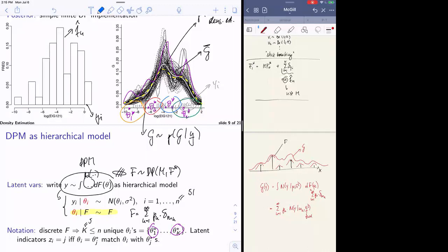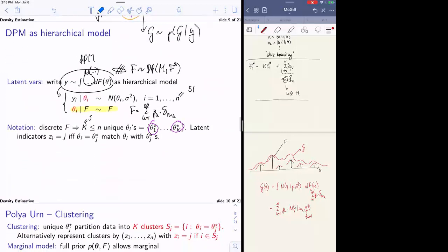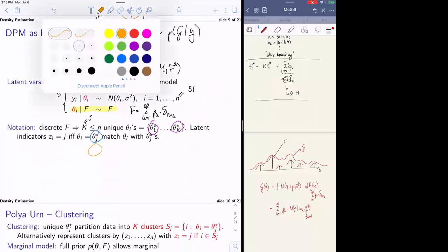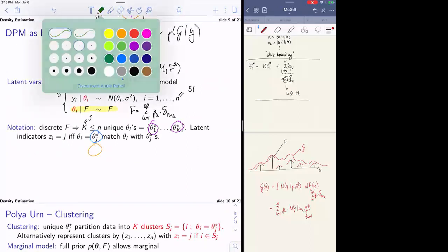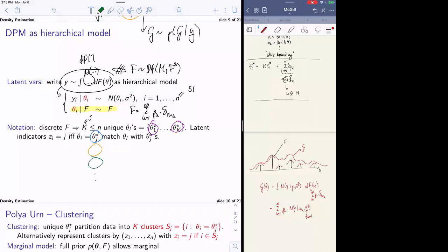That introduces clusters, or more formally, in the next slide: some of the latent theta i's will be matched with the blue theta 4 star, some with the orange theta 1 star, some tied with the green theta 2 star, etc. That implicitly creates clusters of the theta i's.